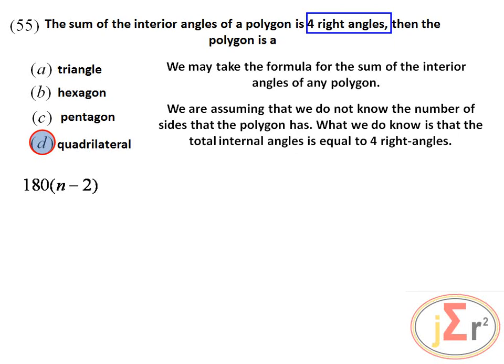What we do know is that the total internal angles is equal to 4 right angles. So let us use that formula. 4 right angles. Each right angle is 90 degrees.